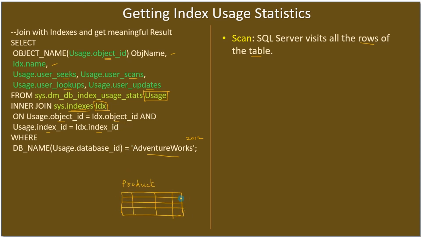Usually when you run a select without any where filter, all records will be visited, and we call that a scan. SQL Server visits all the rows of the table. We call that a scan.